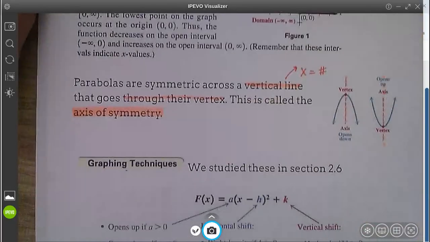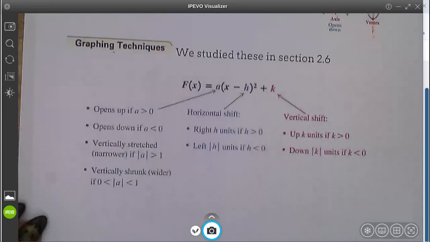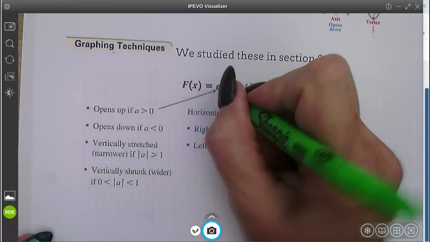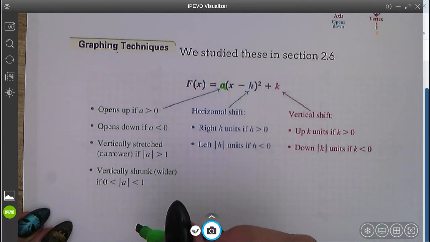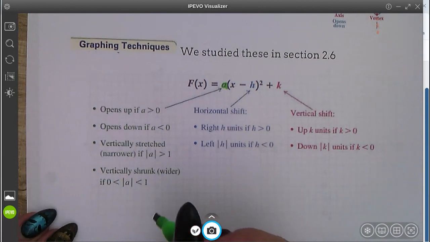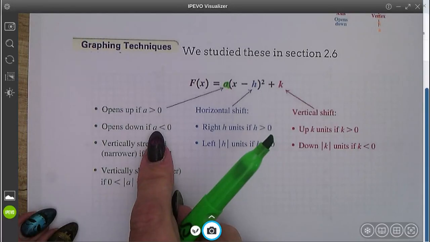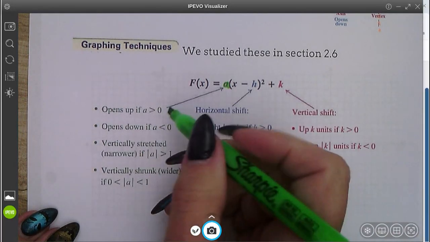In section 2.6, we studied graphing techniques for parabolas, and in fact, all parent functions. If you recall, if there is a number out front that is vertical stretch or compression, it also tells you if your parabola opens up or down, because if that number is negative, that would reflect across the x-axis, which means the parabola would open down.